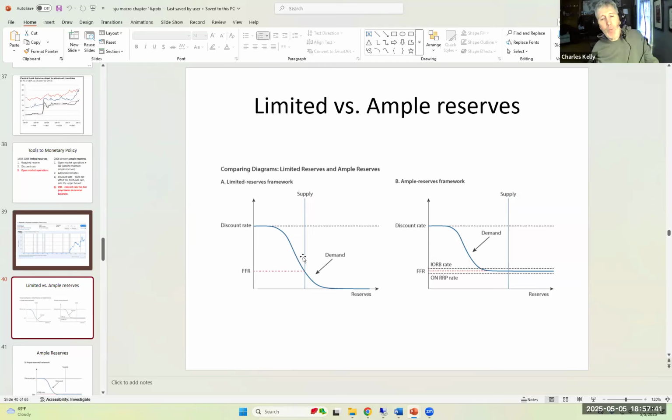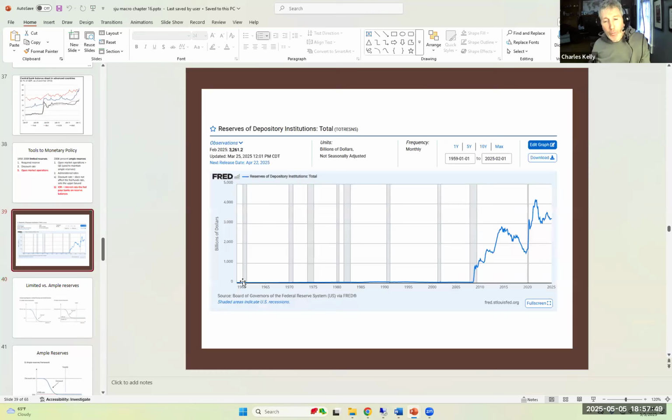All right. Now we work with a system of what's called ample reserves. And we looked and said, geez, this is the amount of reserves in the system from 1960 all the way through 2009. Like this is a blip on a radar. Now it sounds like a lot of money to you and me, but the most that was ever in there was 45 billion.